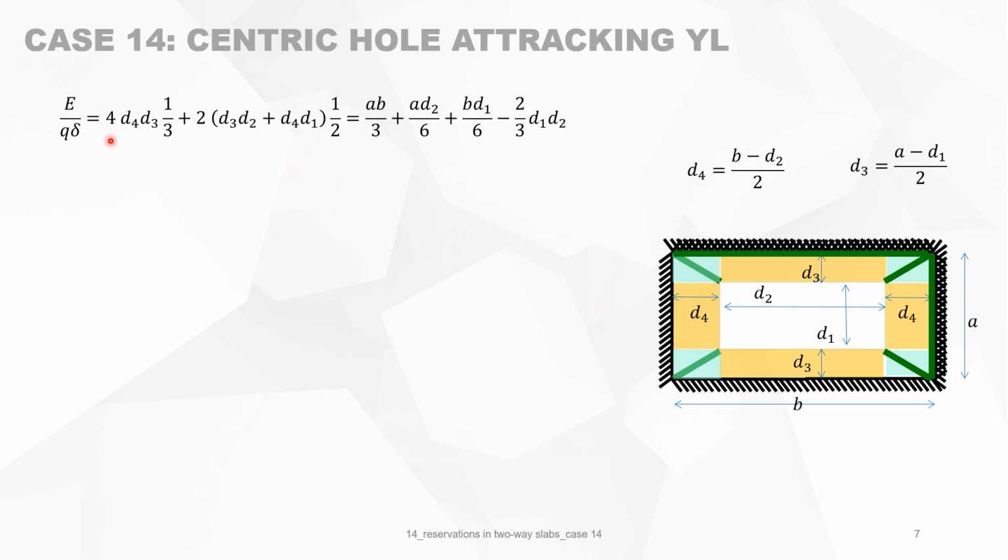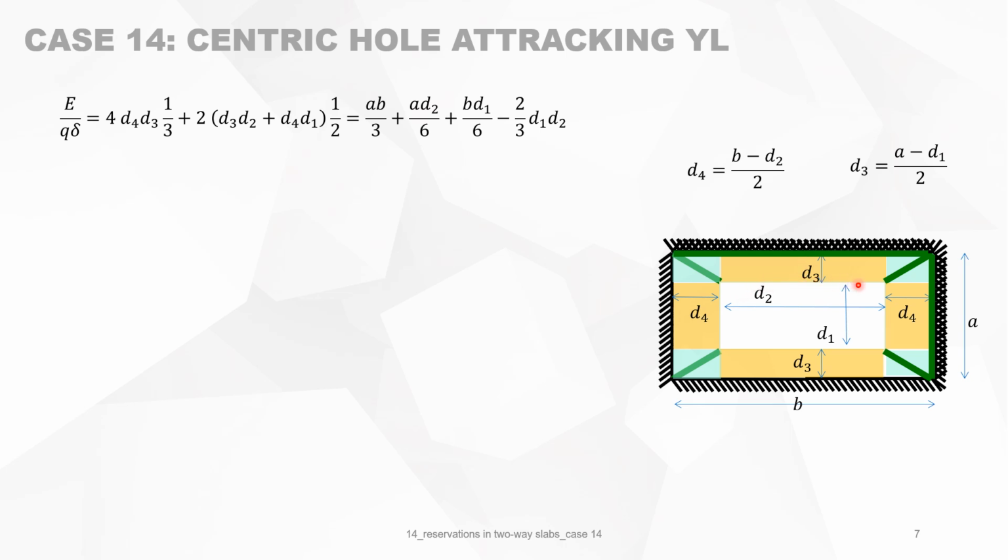So E over Q delta is equal to 4 times D4 times D3 in the 4 corners, and then 1/3 because it's triangles, and then what is left over is 4 rectangular elements, but they are equal in pairs, and it's half of it.